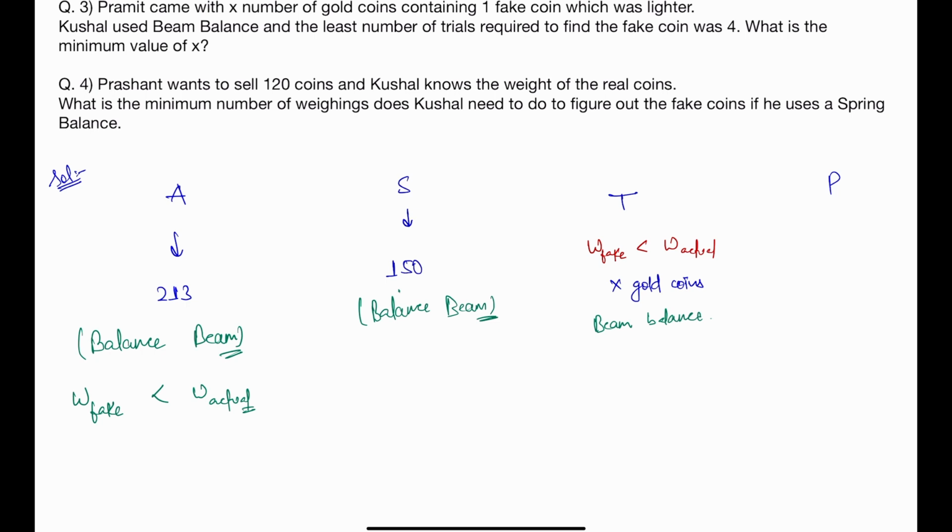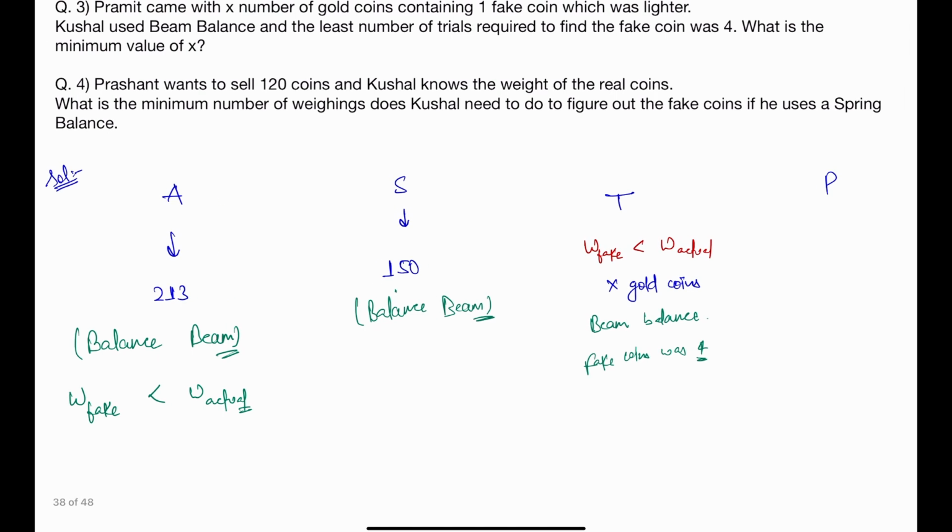He is using the beam balance, and the least number of trials required to find the fake coin was 4. This is our given information. What is the minimum value of X?